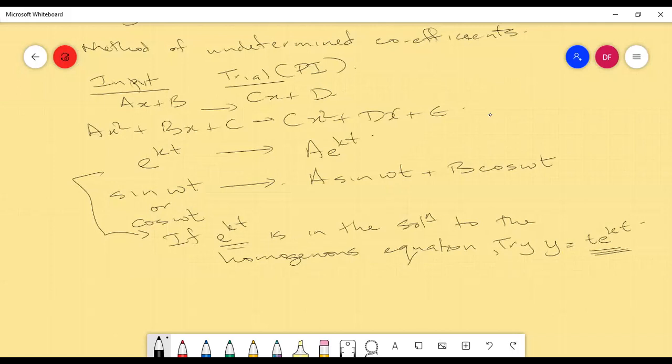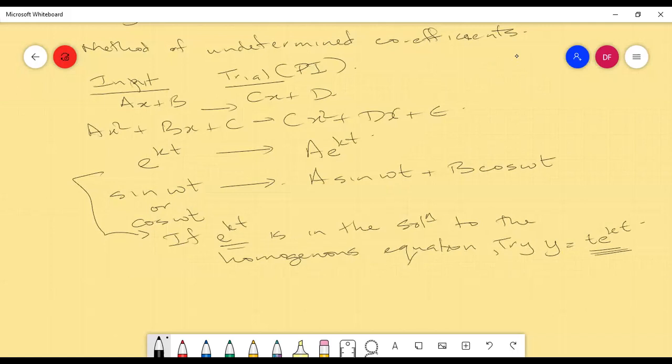All right. So in other words, we have a whole class of systems that lead to second order differential equations, and our input will be all different kinds of functions, but we can use the method of undetermined coefficients to deal with it.